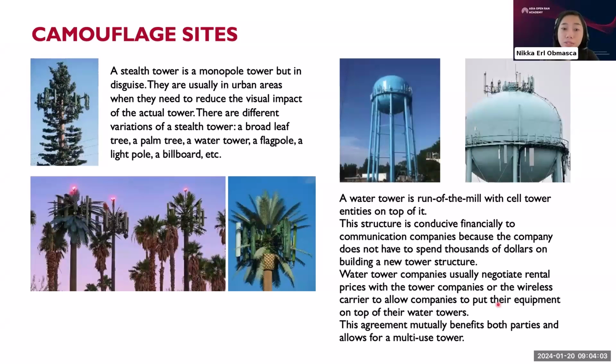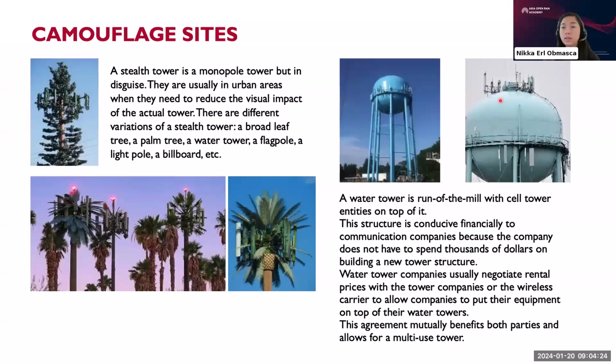This agreement mutually benefits both parties and allows for a multi-use tower. You can see here in the example, they put the components of the cell site or the RAN on top of a water tower. So that's basically why it's called a water tower.